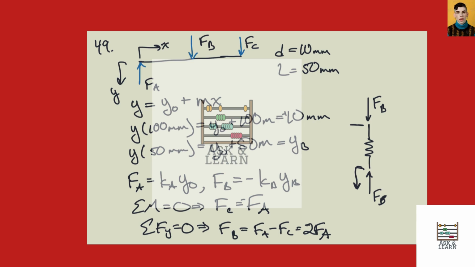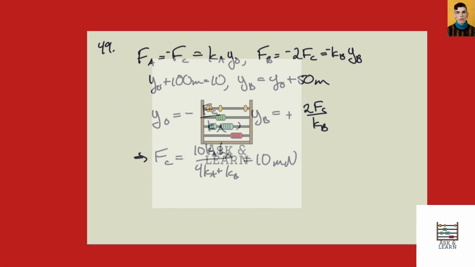If we sum moments about point B here, we find that FC, the applied load, is equal and opposite to FA. Then summing forces in the vertical direction, we find that FB must equal FA minus FC, and using this result, FB must equal 2FA.